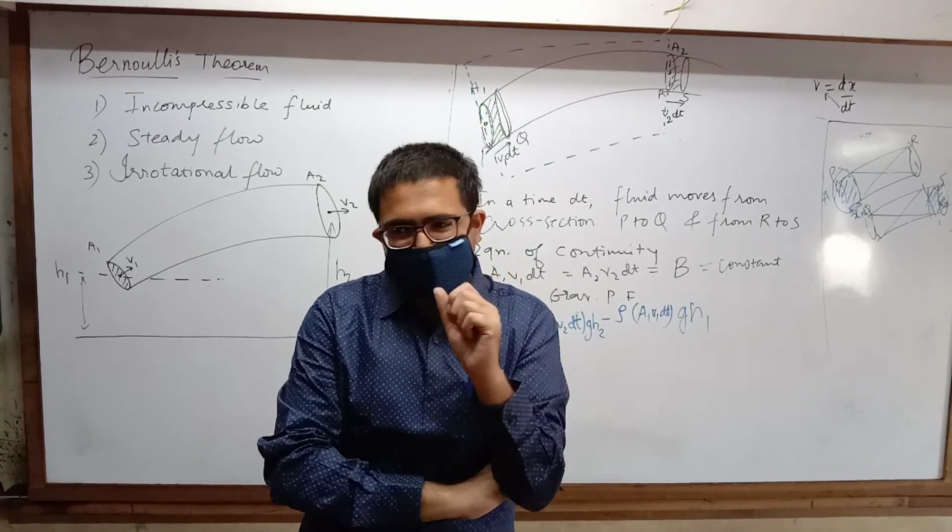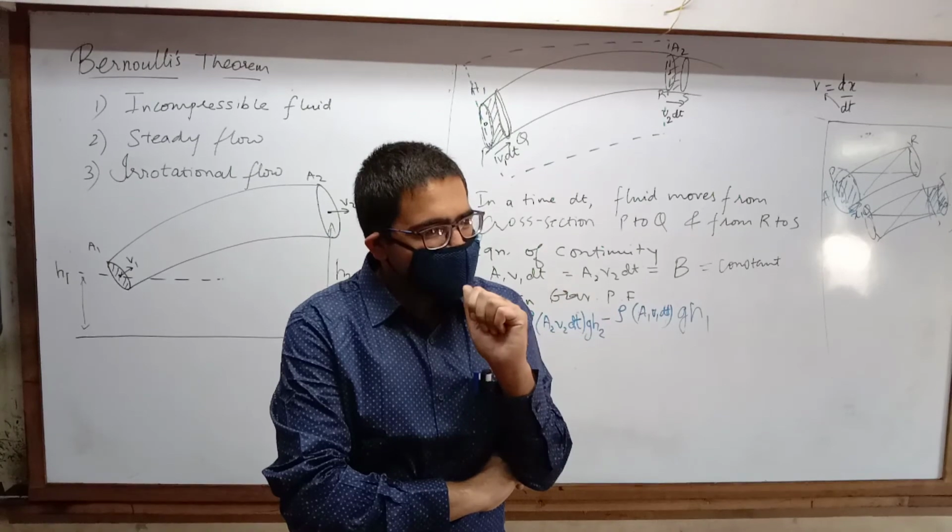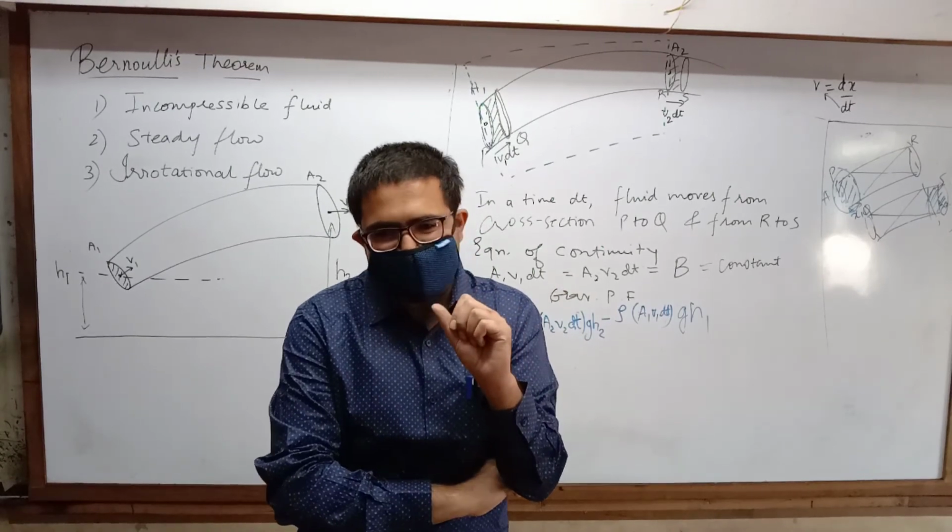Do you get V1 dt whole square? Only V1 squared comes, not a cube.